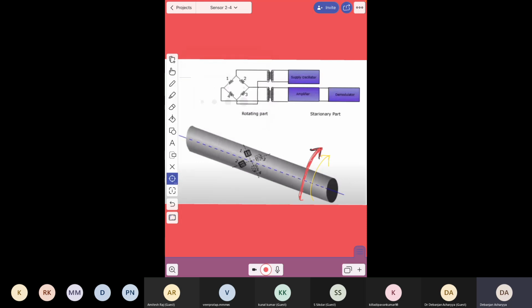Now you have placed 2 strain gauges. I think I have already told you what strain gauges are. So you place 1 and 2 on top of this shaft, and these 3 and 4 at the back side of this particular rod or shaft. Fine. Now how to measure the torque if this shaft is rotating? So let's see.